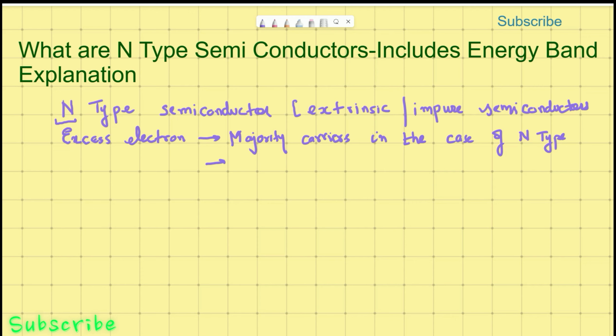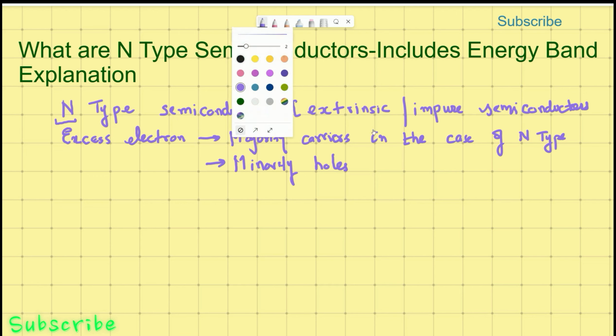But there are some minority carriers also, which are holes. They're very small in number, and we will discuss what goes on in this. If you know only this, you know only the definition. You have no clue about the detailing of semiconductors, so let me give you an insight into it.